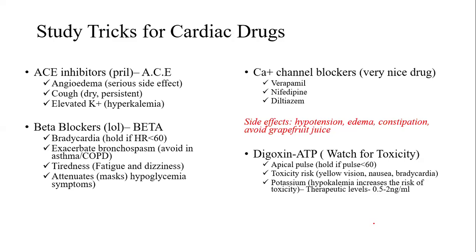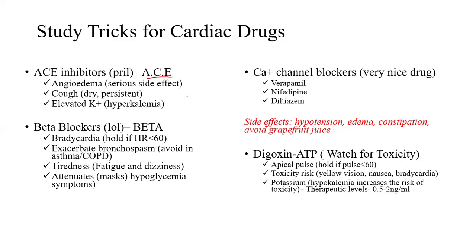So what are the NCLEX tricks that you need to remember? You can call them mnemonics, you can call them acronyms, you can write these down with you, and you can just memorize these. With ACE inhibitors, the key is ACE. A is for angioedema. It is a serious side effect, and your tongue can be involved.